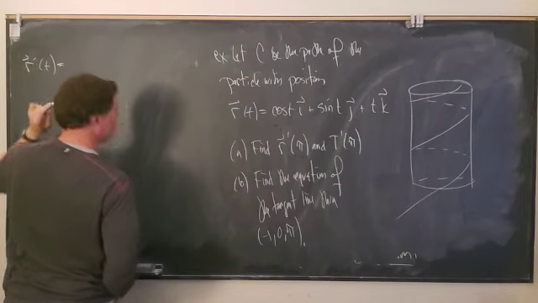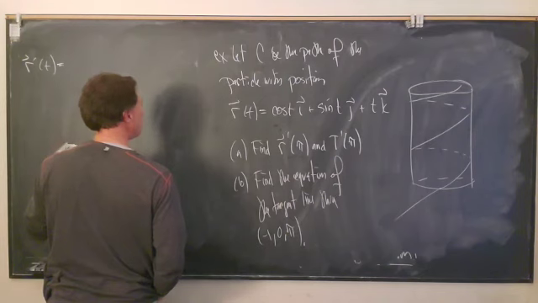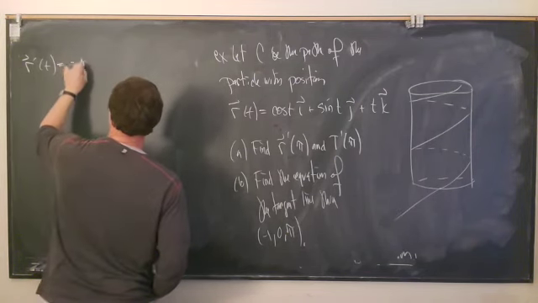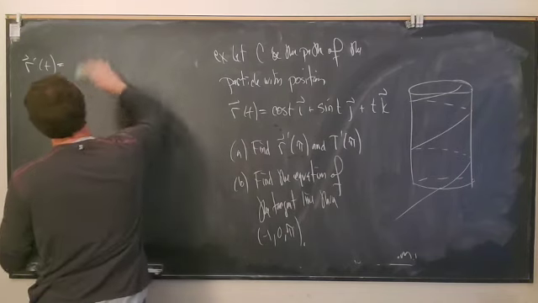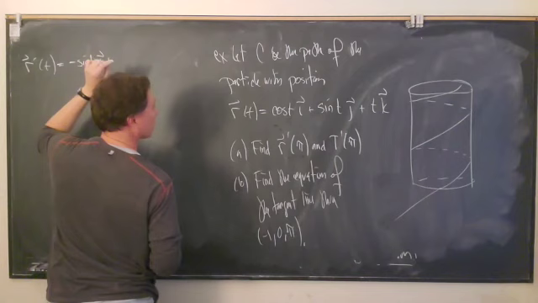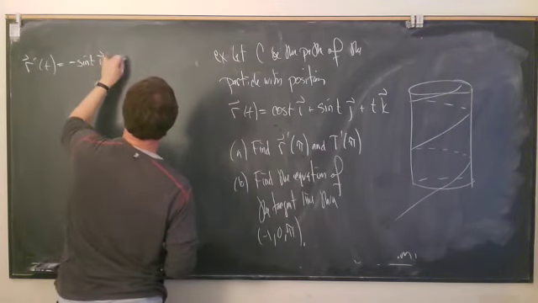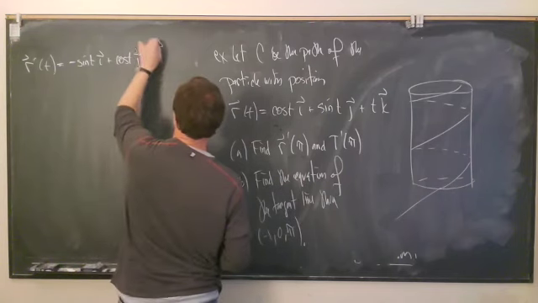Okay, so first let's compute r prime of t. Remember, you take the derivative of each individual component, so that's going to be minus sine t times i plus cosine t times j plus k.